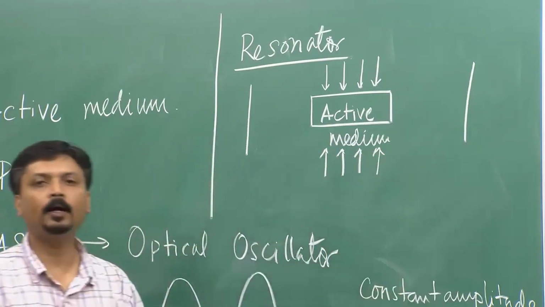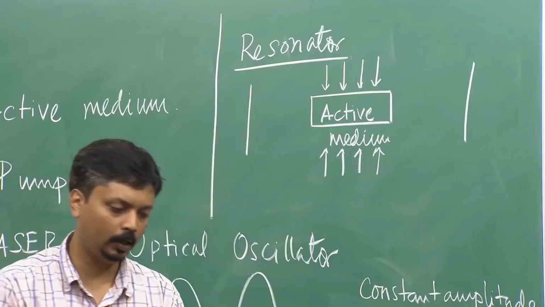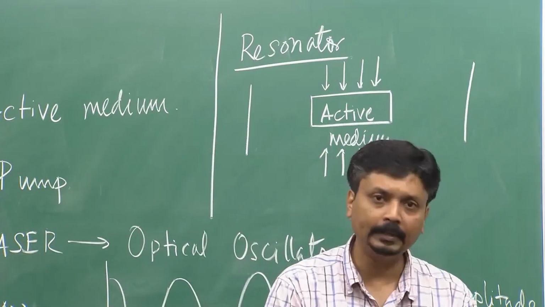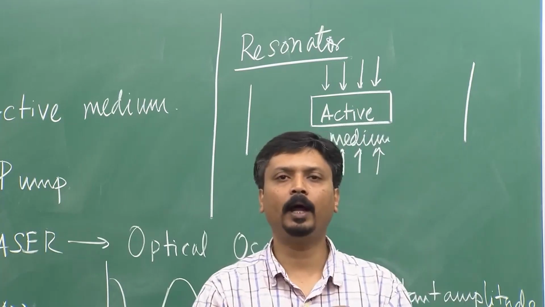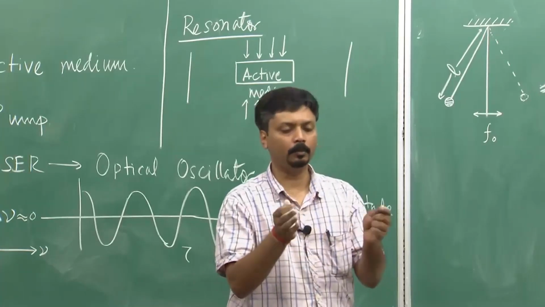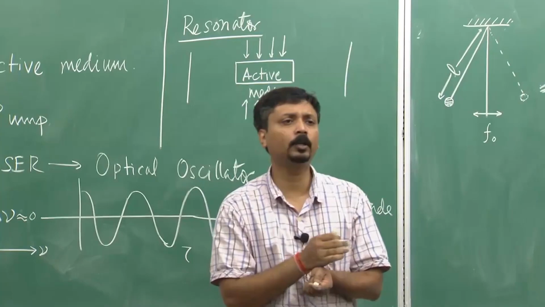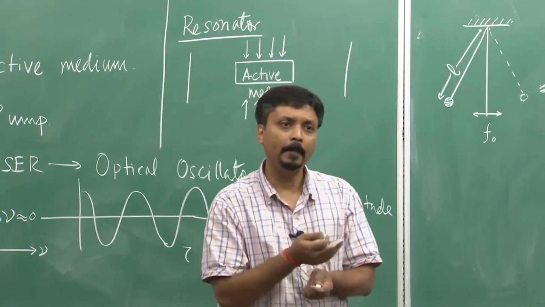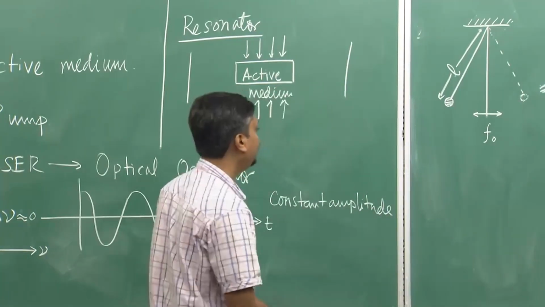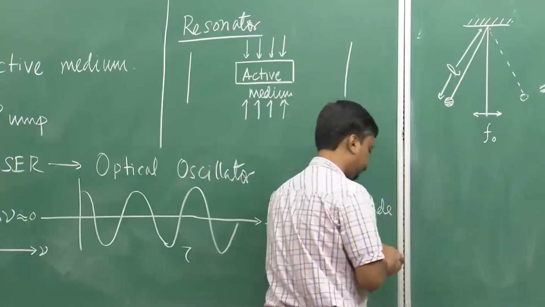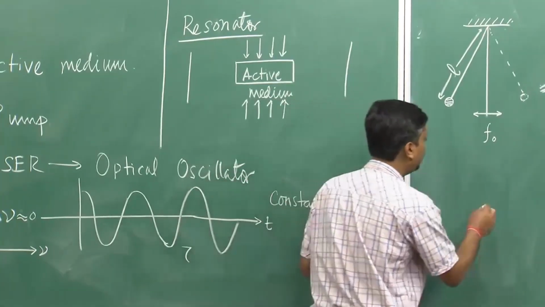If you remember the picture that I showed in, I think, the second class, where you had the components of the ruby laser. How was it? Let me draw it over here.